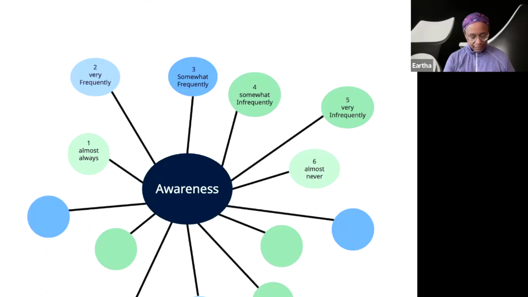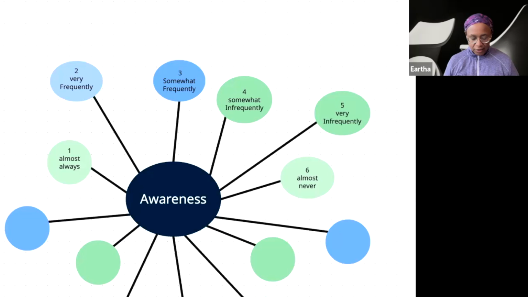Number 7, it seems I am running on automatic without much awareness of what I am doing. Number 8, I rush through activities without being really attentive to them.